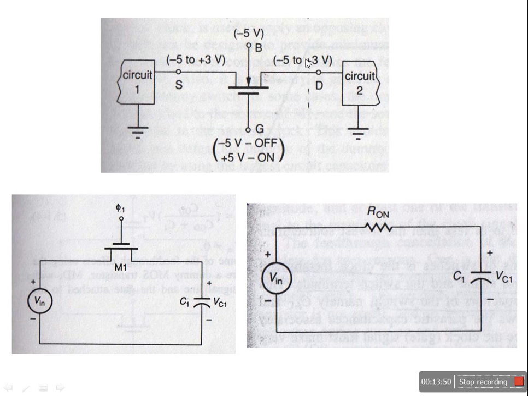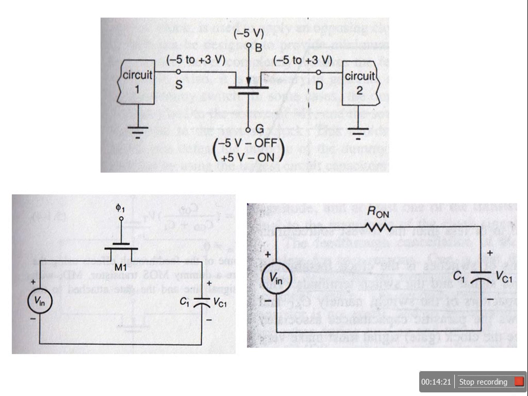This is termed as drain, so it is at higher potential, 5 volt, and this is the source, which is initially at lower potential, -5 volt. So the function of the switch should be like that. When we switch on the switch, it should make the voltage at these two points equal. So if it is at 5 and 5, it will also be at +5. So the purpose of the switch will be solved.